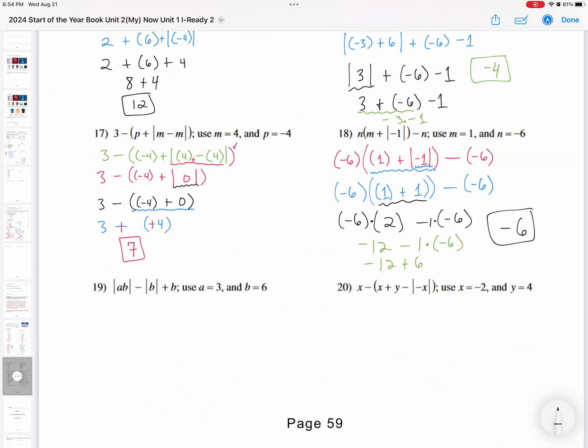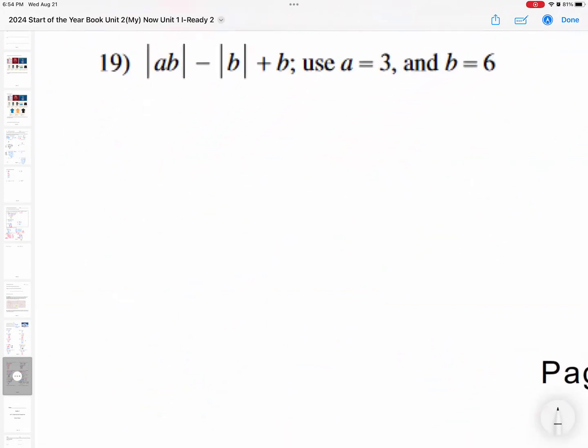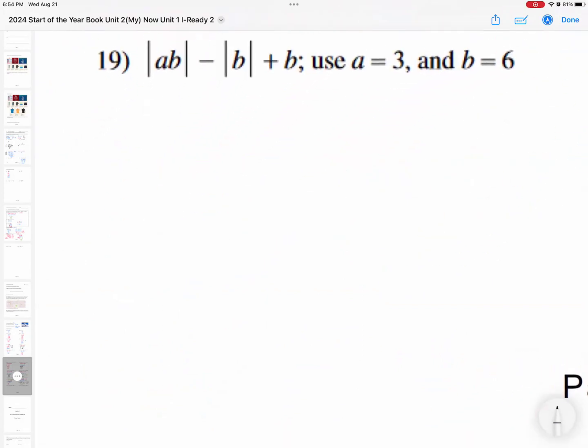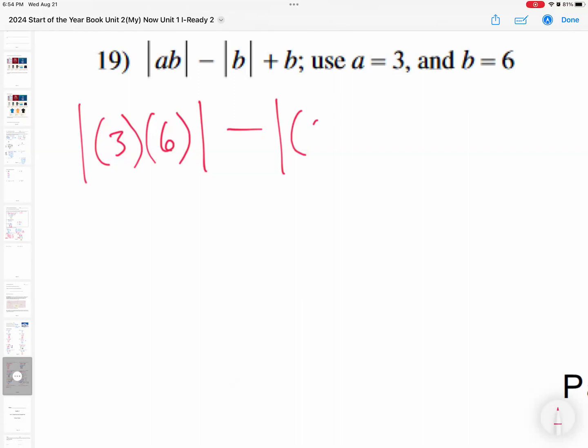Now let's take a look at 19 and 20. Again, first steps, just dumping the numbers in. So we have absolute value of A, which is 3 in parentheses, B, which is 6 in its own parentheses, minus absolute value of B, which is 6, plus just a 6 on the outside in parentheses, because we're placing that number inside there instead of the variable.